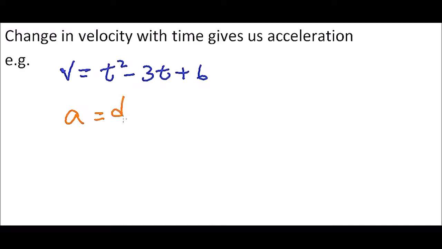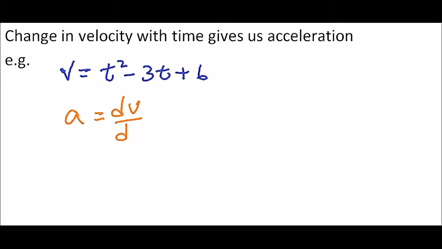Again, change in velocity with time gives us acceleration. For example, if you are given velocity v is equal to t squared minus 3t plus 6, then we can get acceleration. Acceleration is equal to the change in velocity with respect to time, that is dv over dt.